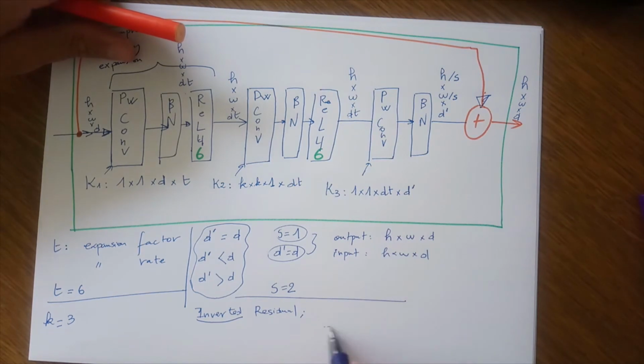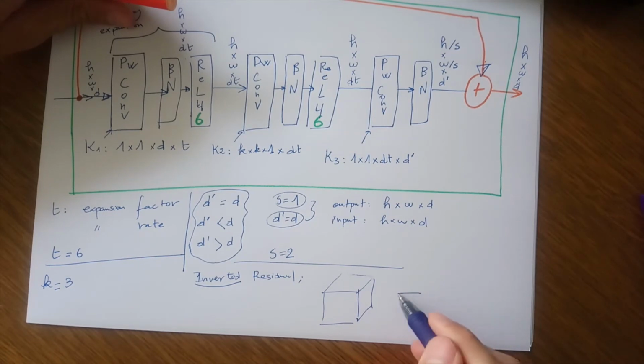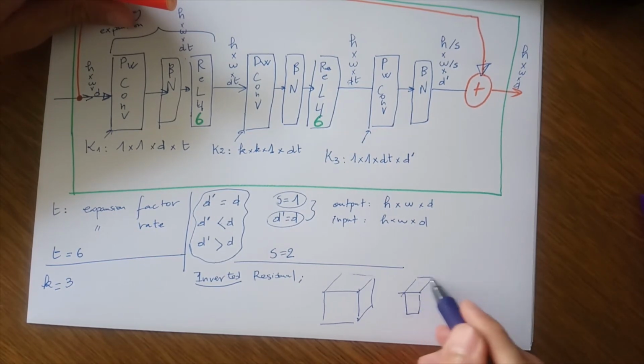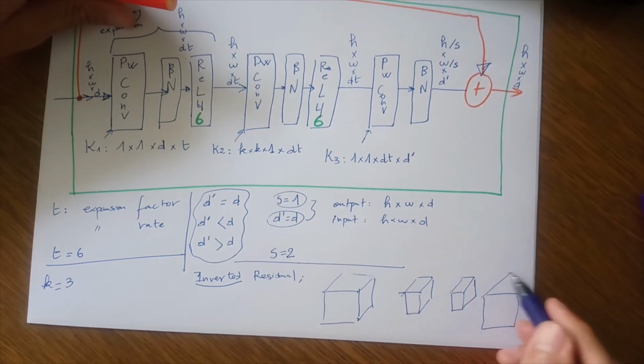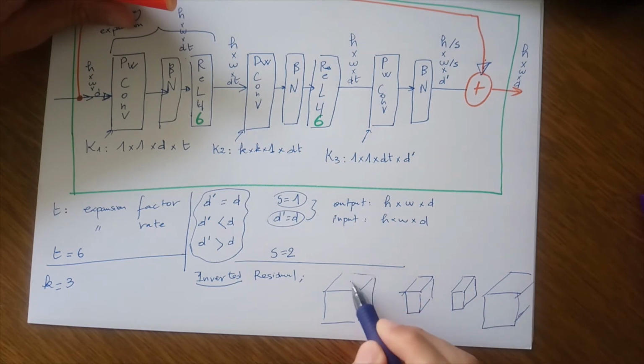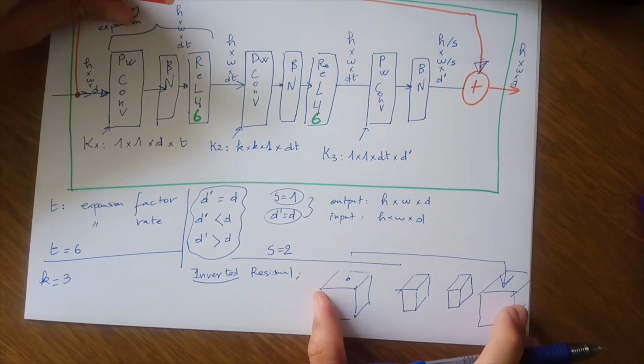They had activations that are thick, then some thin activations, then a thick activation again. So they used a residual connection between these thick activations.